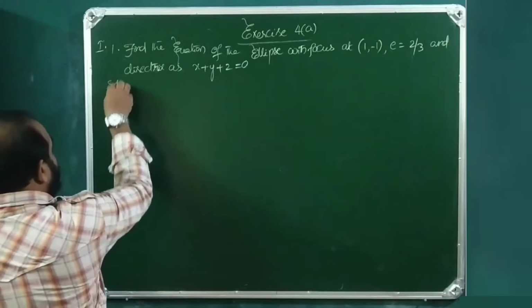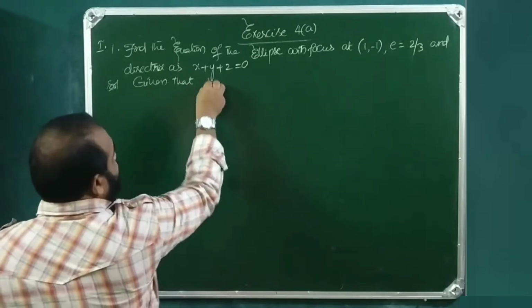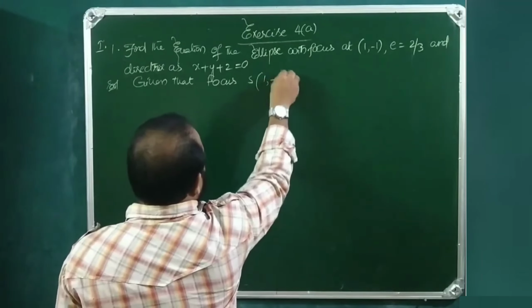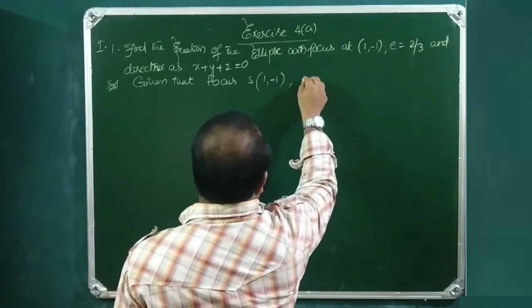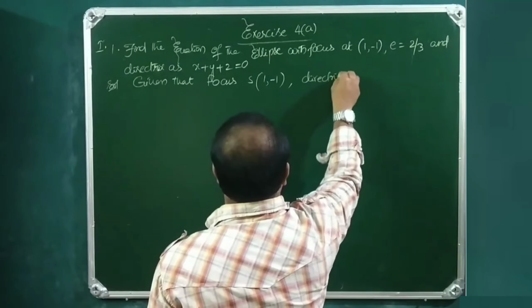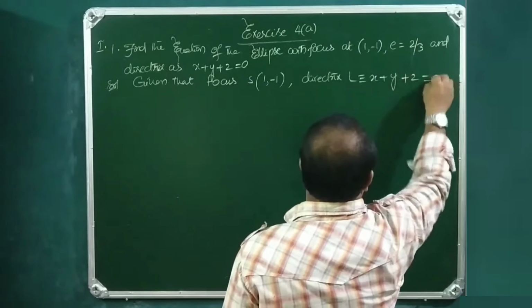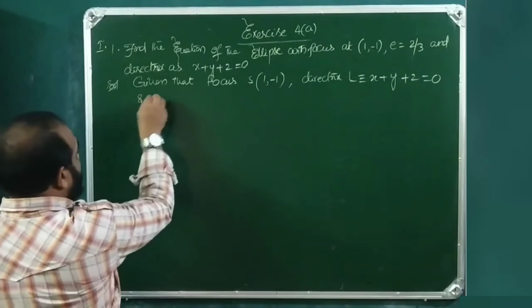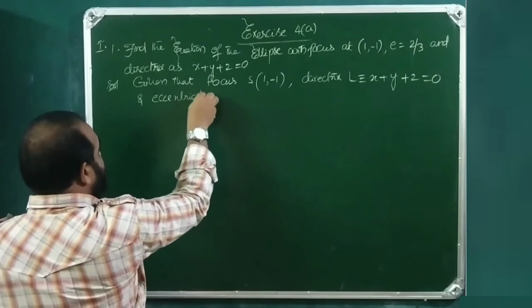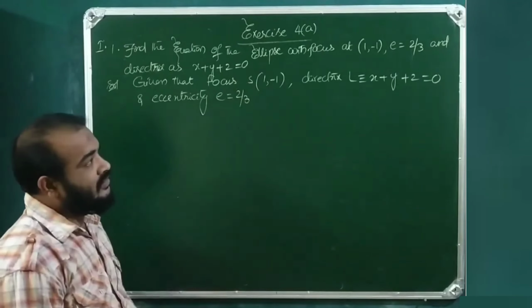Given that the focus S is (1, -1), the directrix L is x + y + 2 = 0, and the eccentricity e is 2/3.